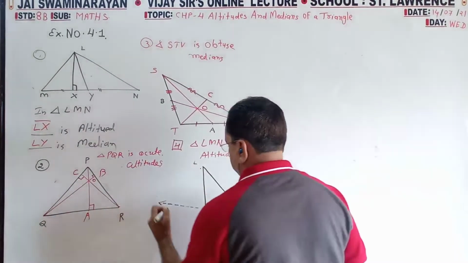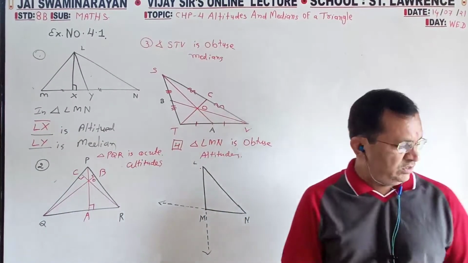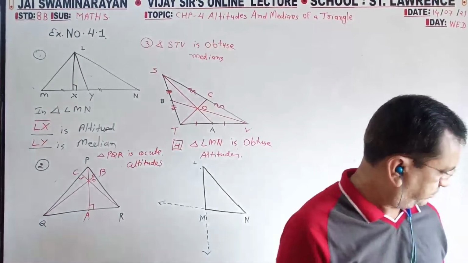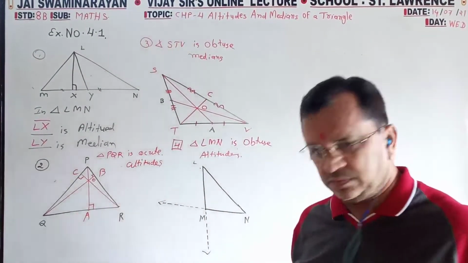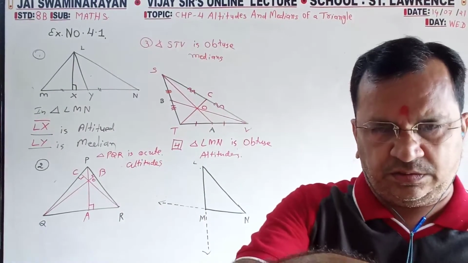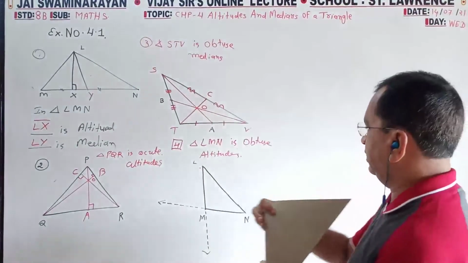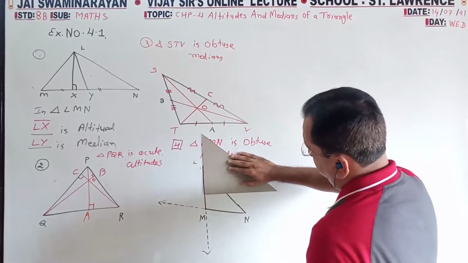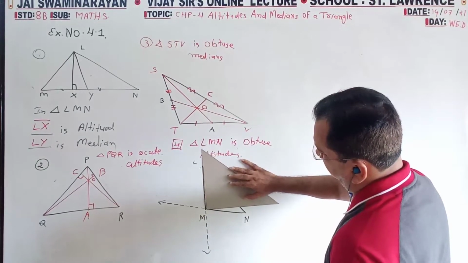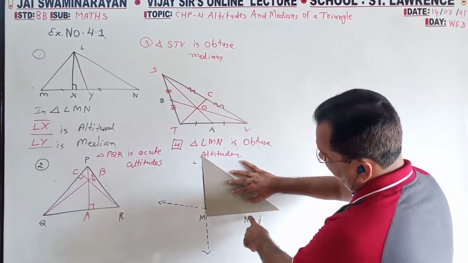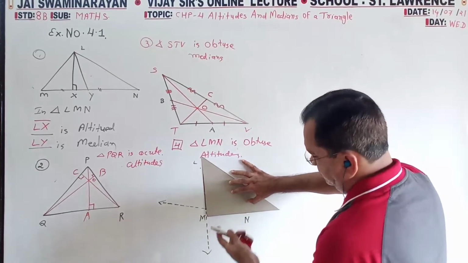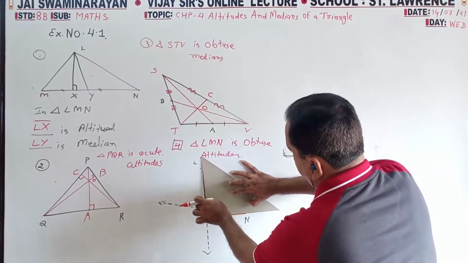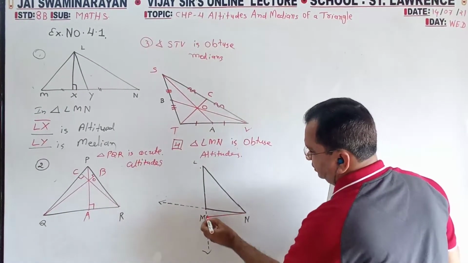Correct? Now, take any side. This. So I will pass up to this vertices. And I will draw 90. So from the vertex opposite side it is 90.